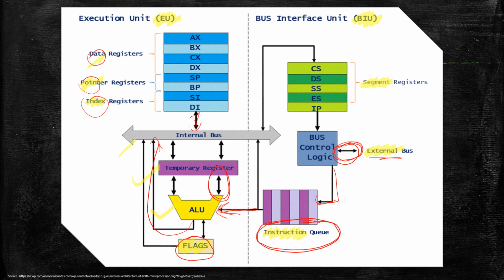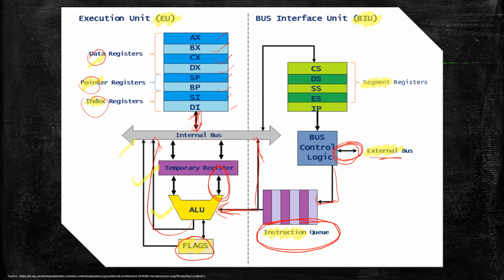So depending on the instruction, it will set the values of all these registers, right? It solely depends on what the actual instruction is. Then it might be possible that the instruction goes directly to the internal bus, and it can work with these registers directly without the intervention of the ALU.